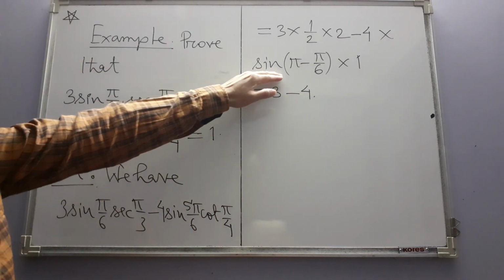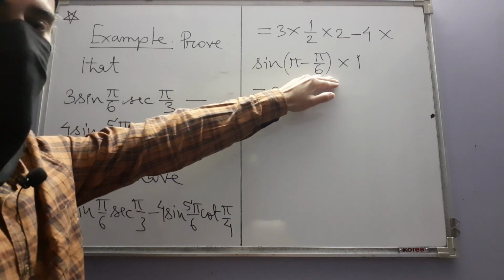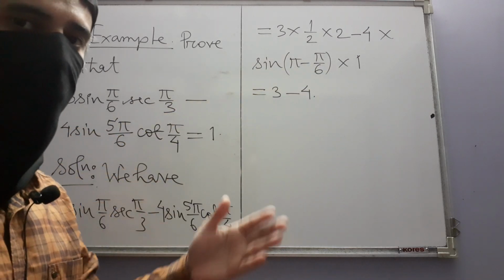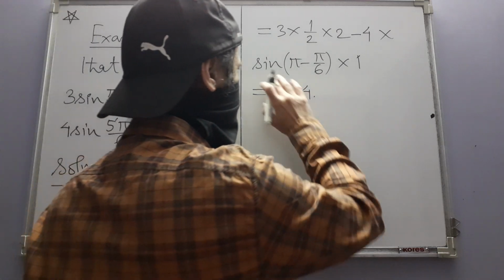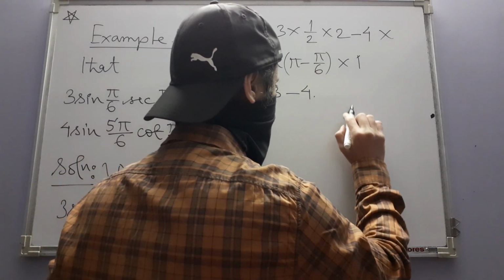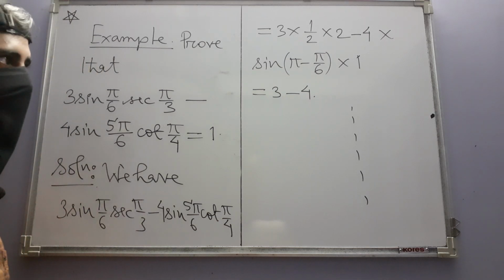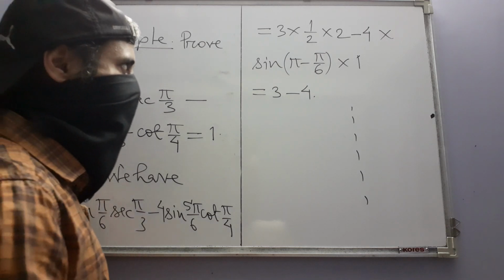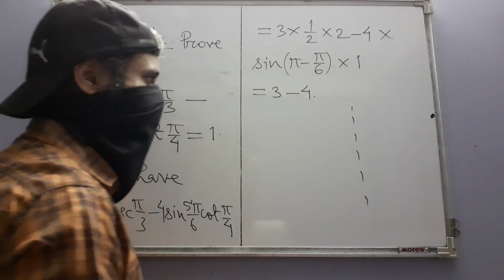Now you have already come across formulas for this type of expressions, sine pi minus something, and I told you to forget about those formulas, because you can actually immediately find what this thing is if you apply the sine a minus b formula or sine x minus y formula.